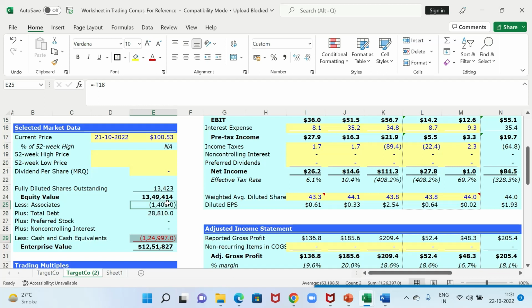Suppose my cash and cash equivalents, my debt is zero or my net debt is higher than my equity value. There can be company with negative enterprise value. There are a lot of Chinese companies right now which has a negative enterprise value. That means that company can be bought using its own cash.